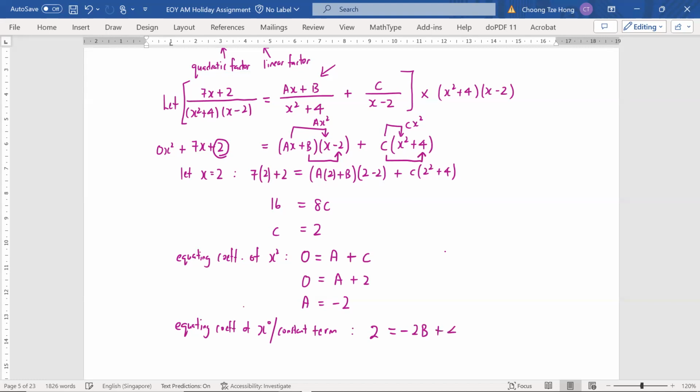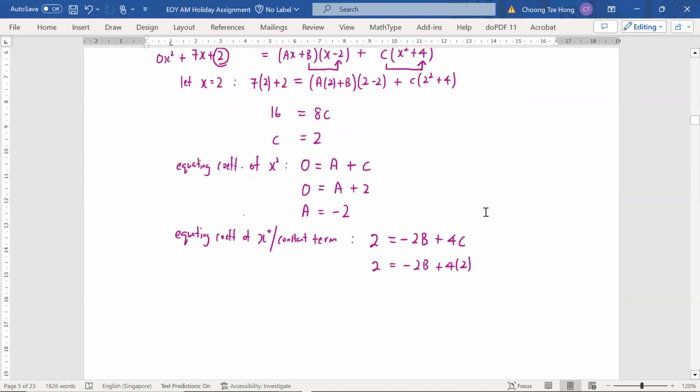So plus 4c. Right? So let's substitute c to be 2 from earlier on. So 2 equals minus 2b plus 8. If we bring the 8 over, so minus 6 equals minus 2b. So b will be equal to 3.